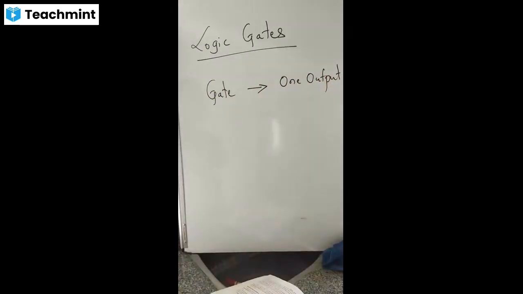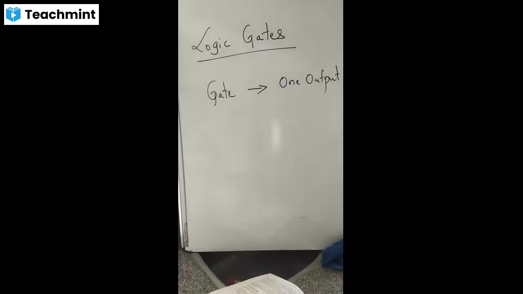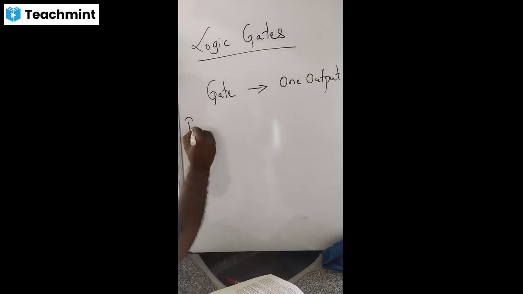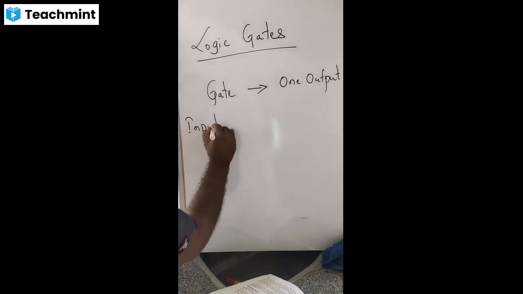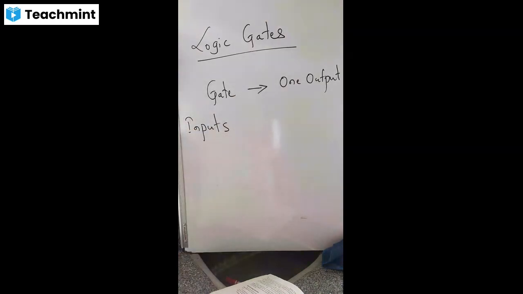Usually, in terms of electronics, output means whatever result or outcome we get. The outcome you are going to get depends upon the inputs, or we can say generally the output depends upon the input.